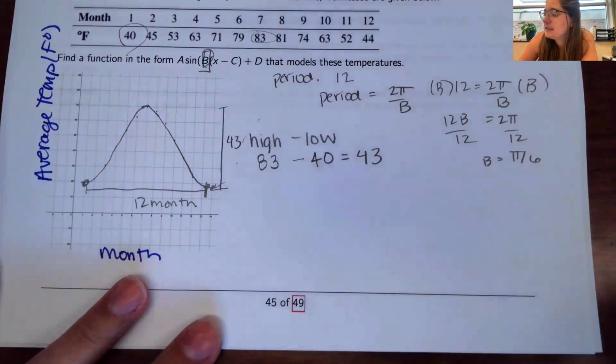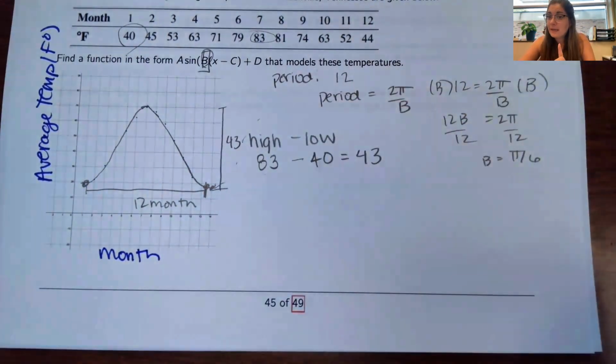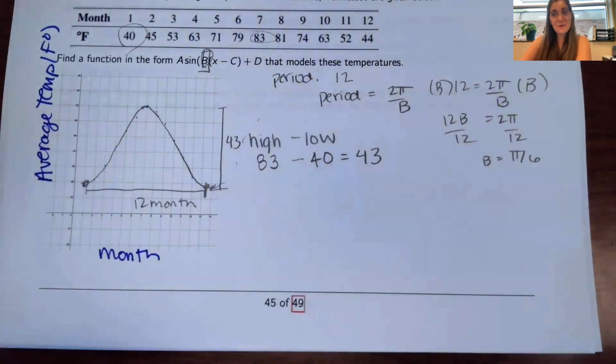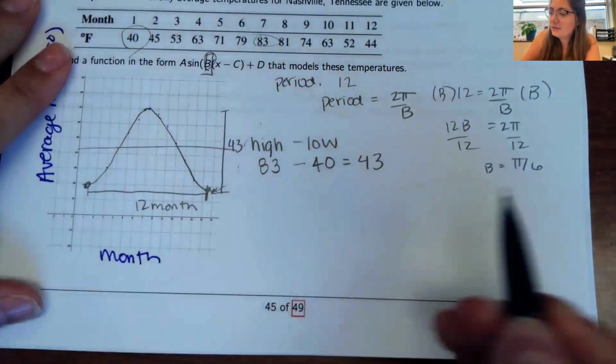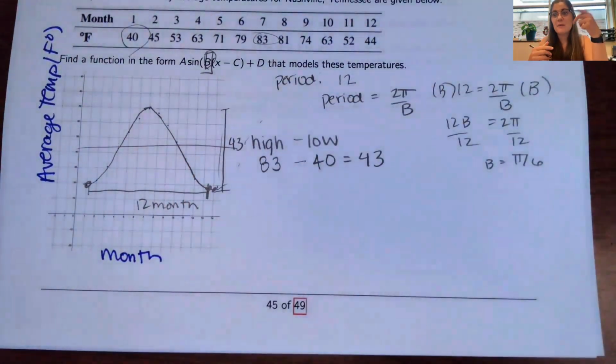Well, that's not quite my amplitude. You might be tempted to say, oh, then 43 is my amplitude. But remember that the amplitude is my distance from the midline up or the midline down. So if this whole distance is 43, then half of that would be my amplitude.